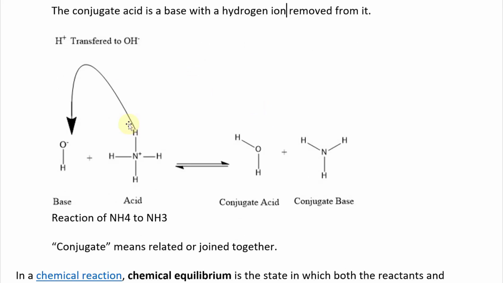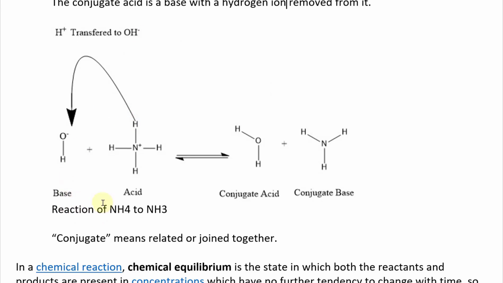And here's another example right here. So the reaction of NH4 to NH3. And I think this is supposed to be a subscript, so it's NH4, and it becomes NH3. So you have this NH4 right here. And then this is OH like that, so plus that. So this is the base, OH, and the NH4 is an acid.